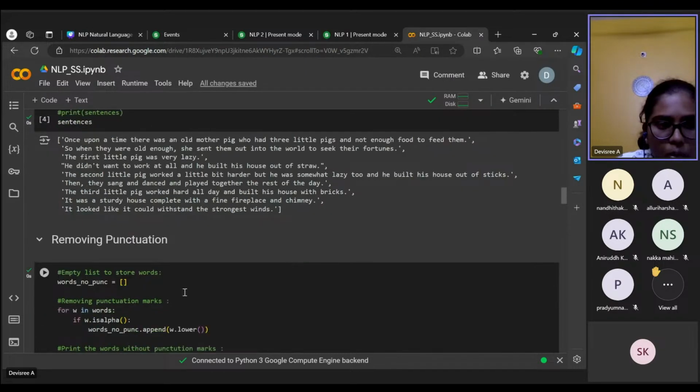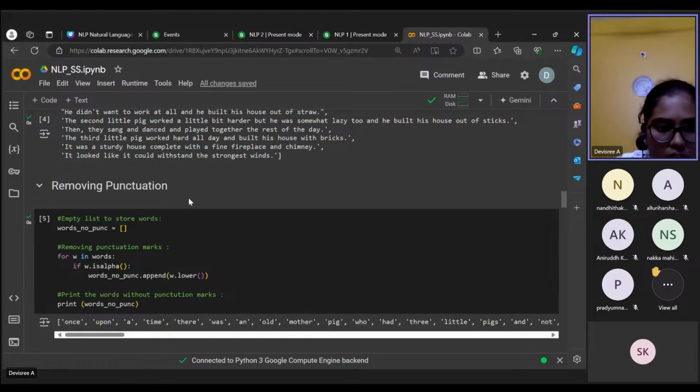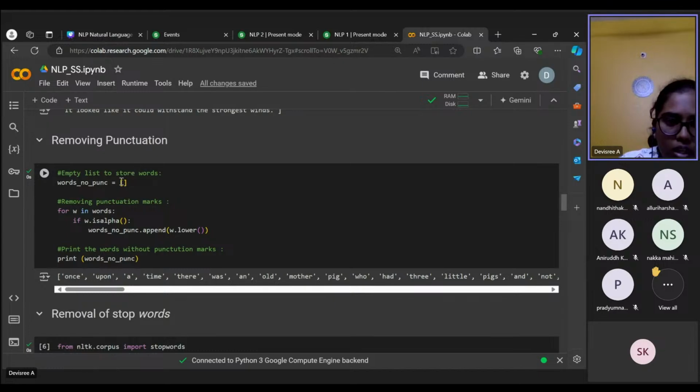Now, removing punctuation. Let's initiate an empty list to append all those characters which are not punctuation marks. So we run a for loop: for w in words, if w.isalpha(), so if it is an alphabet, then you append it to this list.